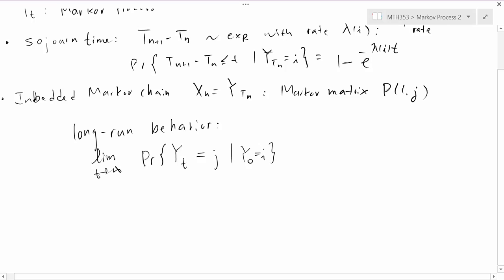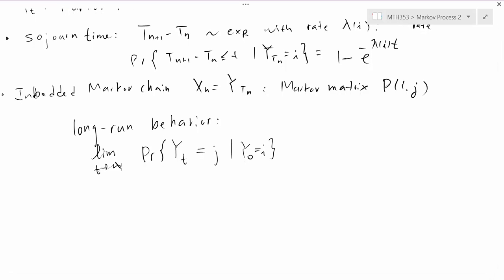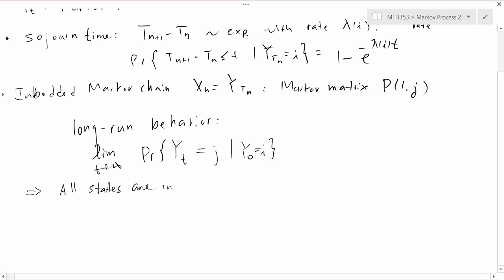And that's, if you recall, the case when we have an irreducible set of states. So we are going to assume that all states are in one irreducible set, when you look at the Markov matrix.